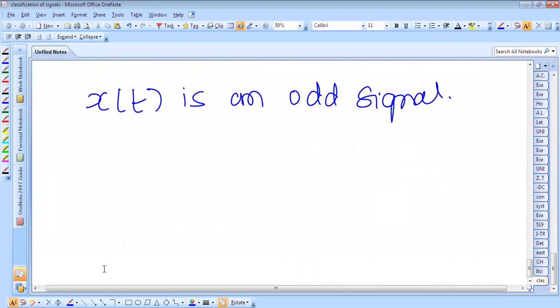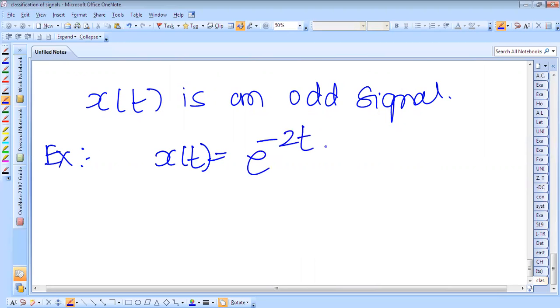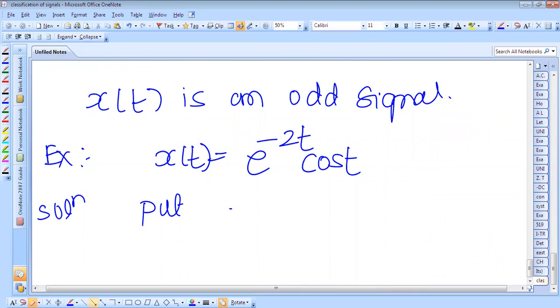Let us take one more example. x of t is equal to e raised to power minus 2t into cos t. This function is given. So solution is that put t is equal to minus t in the above equation.